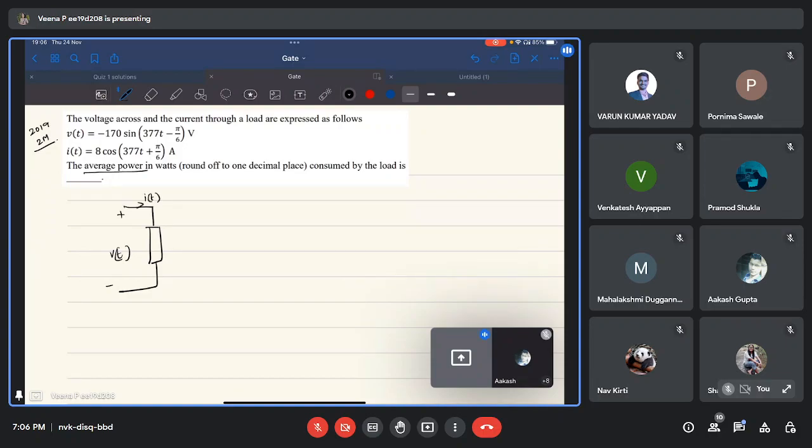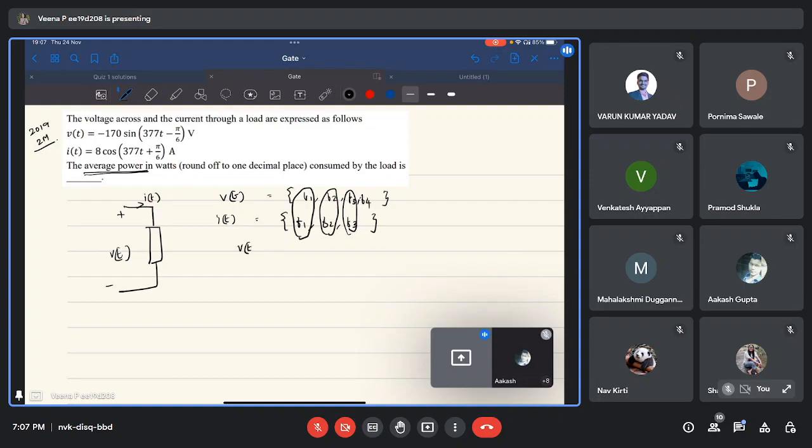Average power exists only between similar frequency components. Say you have V of t, it has frequency components F1, F2, and so on. And you have I of t. If I of t also has F1, F2 or till F3 only, but V has say F4, average power will be formed by F1 components, F2 components and F3 components.